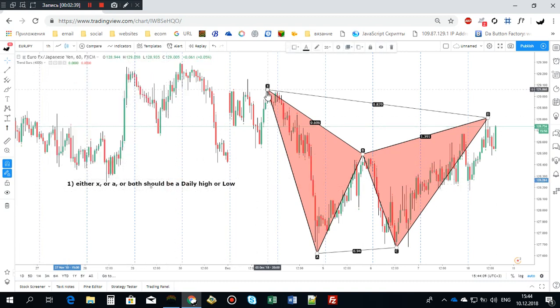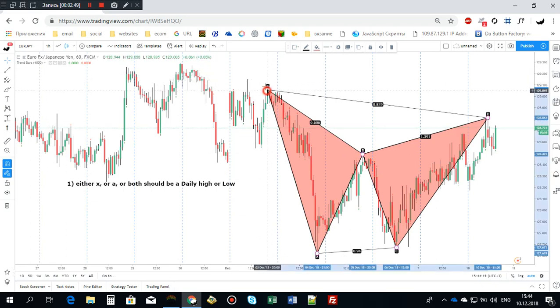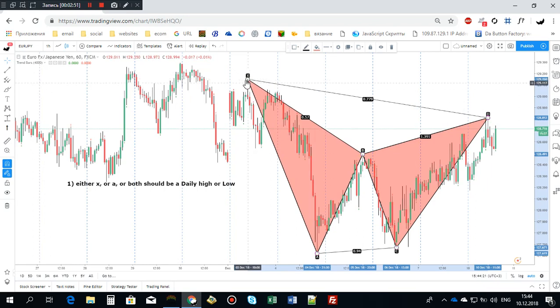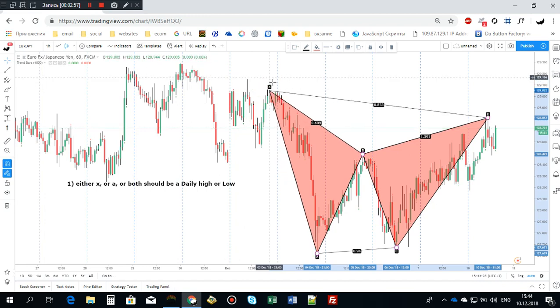So it means that at least one of them should be a daily high. In this case, this X is not a daily high, so the day ends here, the day starts here, it is the session break, so the highest high is here. That's why I would prefer the X point to coincide with this point, because it is a daily high.